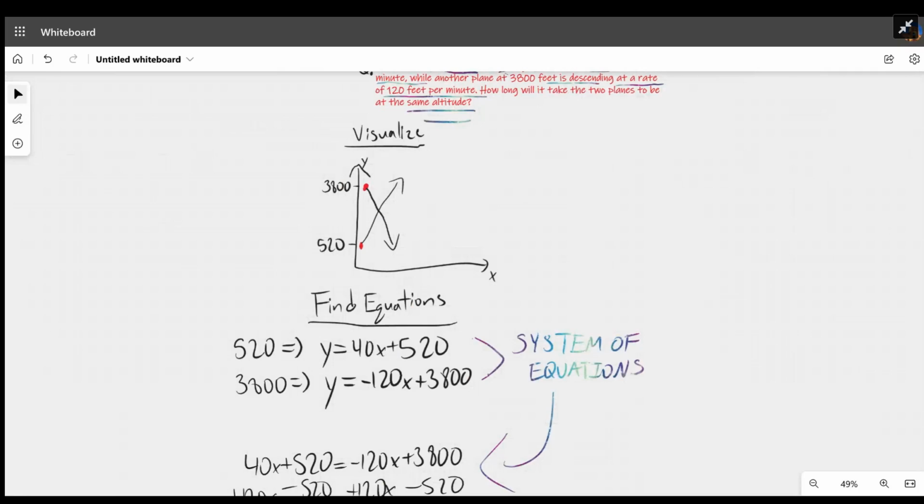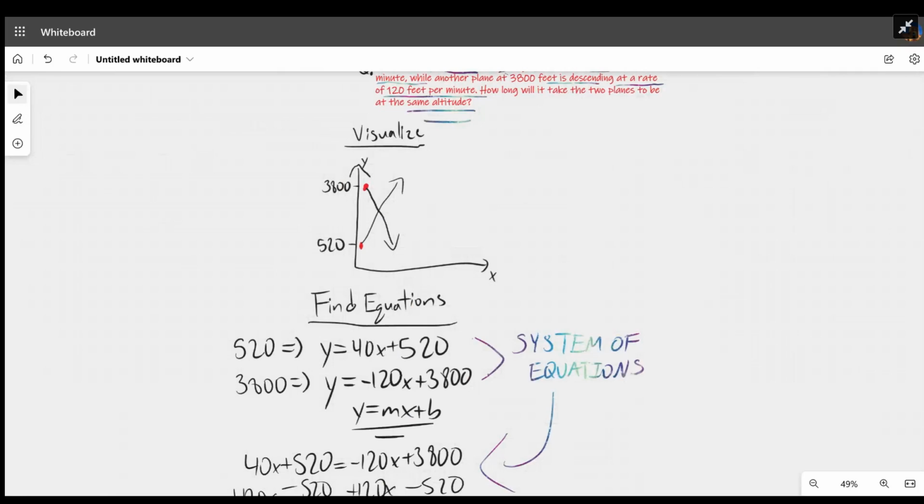So for y equals mx plus b, we know that b has to equal the heights of both planes. The first one is 520, the second one is 3,800. We're also given the rate, which I underlined at the top. For the first plane, the rate is 40 and it's ascending, so it has a positive slope.